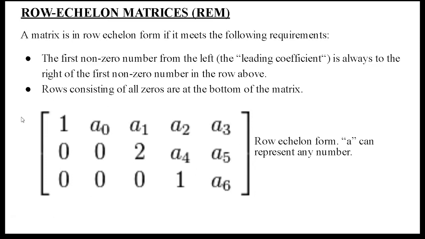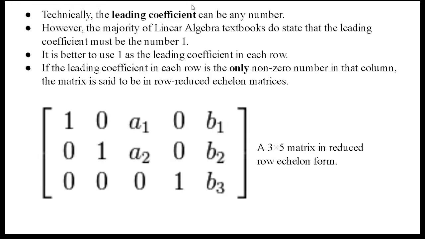This is a matrix in row echelon form. The A can be represented by any number. Technically, the leading coefficient can be any number. However, the majority of linear algebra textbooks do state that the leading coefficient must be the number 1.